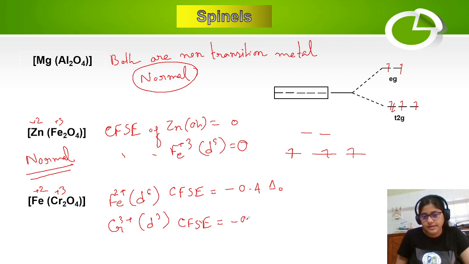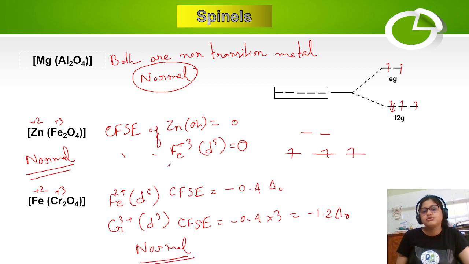So it will be minus 0.4 into 3. It will be minus 1.2 Δo. So obviously the CFSE of the tripositive ion in octahedral field is greater than the CFSE of the dipositive ion in octahedral field. So it will obviously be normal spinel. There should be one driving force. Okay. So no driving force is there. Here also both are 0, and both are transition metals, not having any CFSE.